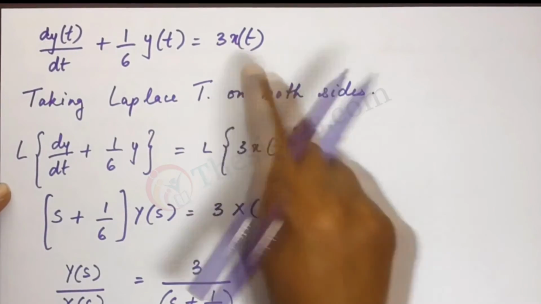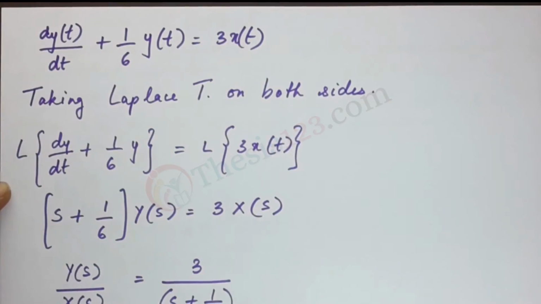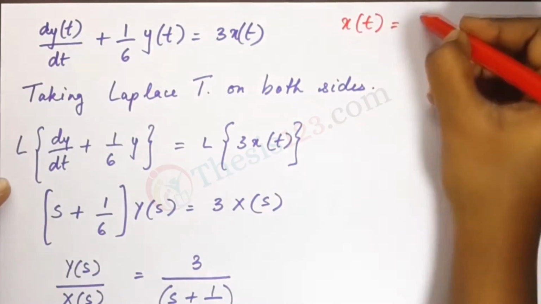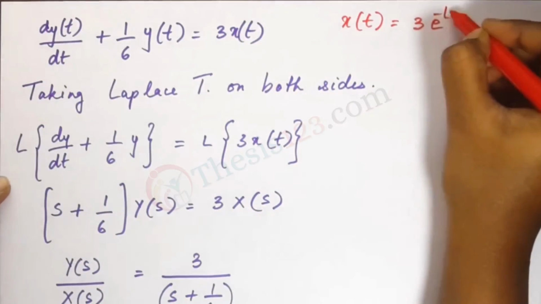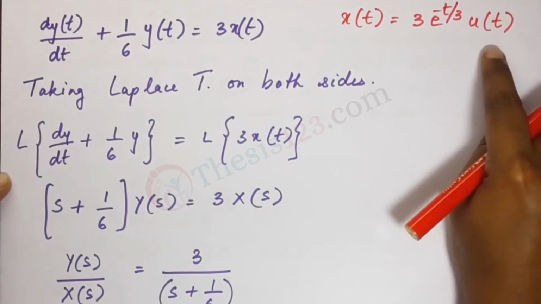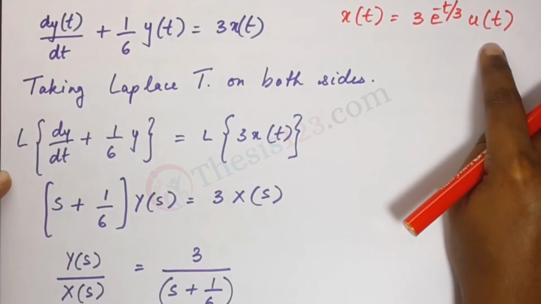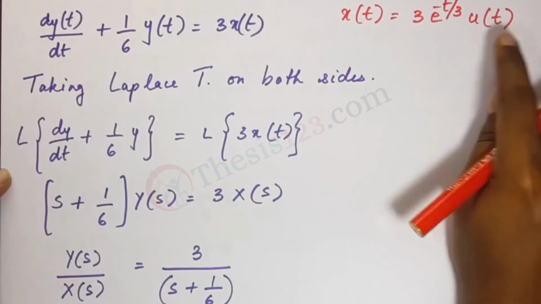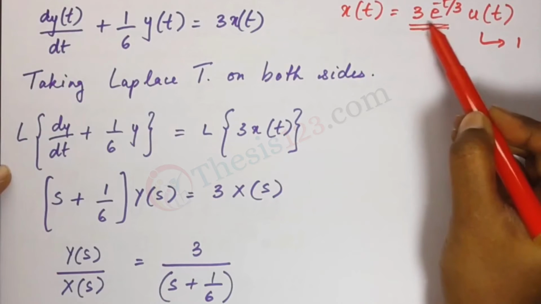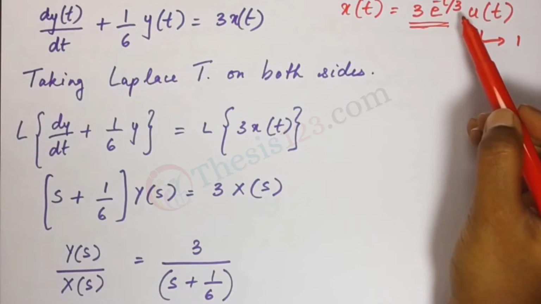The input is given to us as x of t equal to 3e^(-t/3) u of t. Now u of t is a step function, so we can consider its value to be 1. So let's just concentrate on 3e^(-t/3).